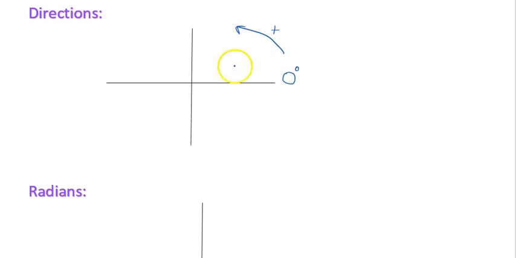And when you've gone from this x-axis to this y-axis point, you have gone 90 degrees. And so that's 90 degrees in the positive direction. If you go 90 more, you've gone 180. If you go 90 more, you've gone 270. And if you've made a full trip around the circle, you have gone 360 degrees.